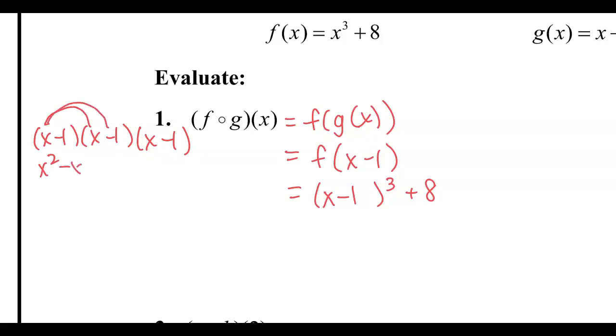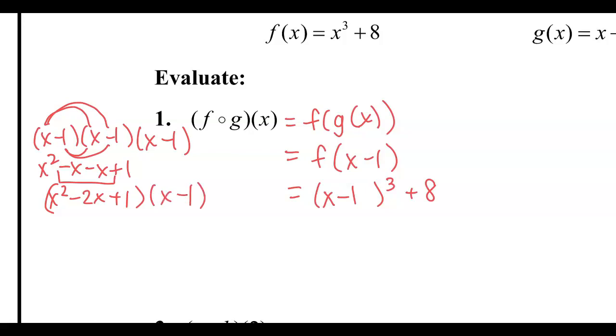X times negative 1 is negative x. Negative 1 times x again is negative x. And negative 1 times negative 1 is positive 1. Let me combine my like terms. So x squared minus 2x plus 1 is now going to be multiplied by x minus 1.